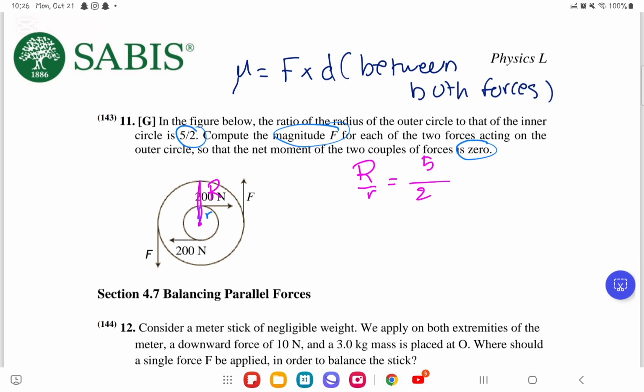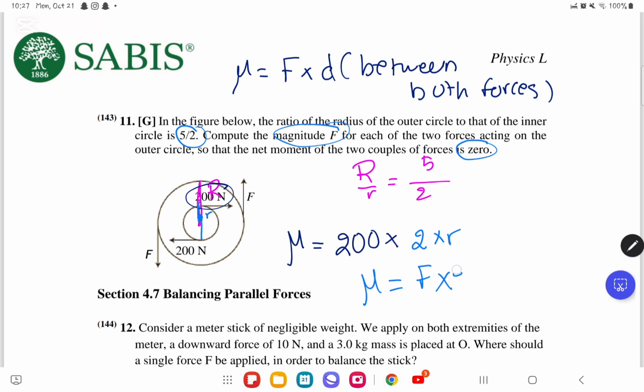So if we're gonna do the moment of the 200 Newton, it will be moment is equal to 200 multiplied by the distance, which is small r plus small r. So it is 2 times small r. It is now equal to the moment of F. Moment of F is force multiplied by 2 times capital R.